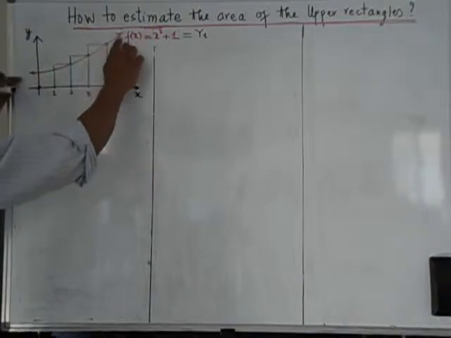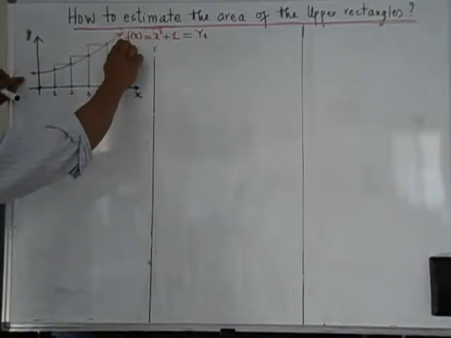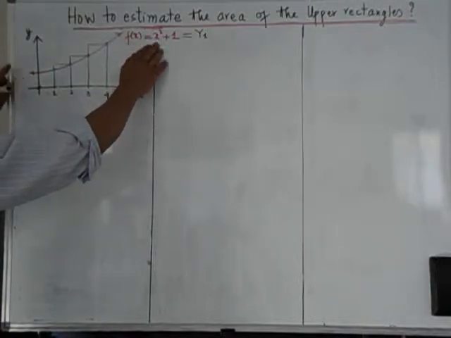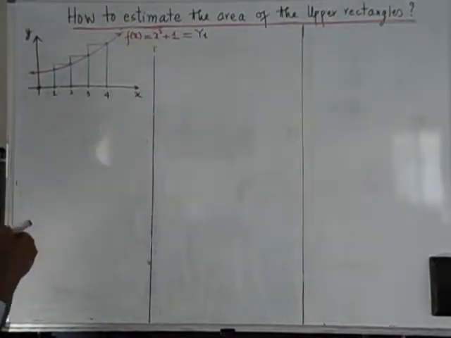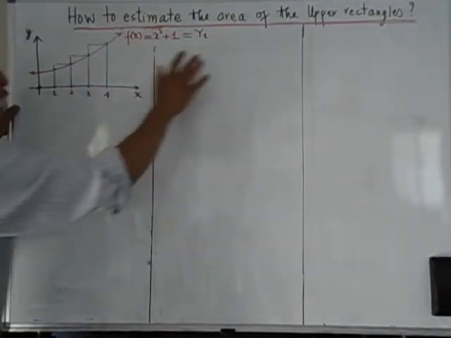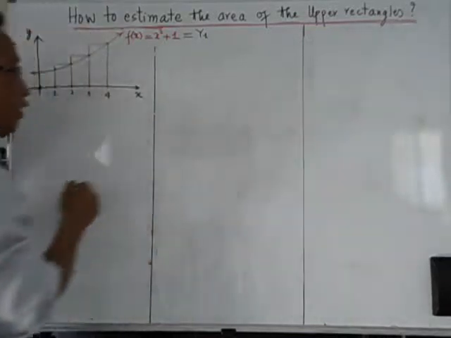They are all above the curve, above the main function x power 2 plus 1. So these 3 rectangles are the upper rectangles.